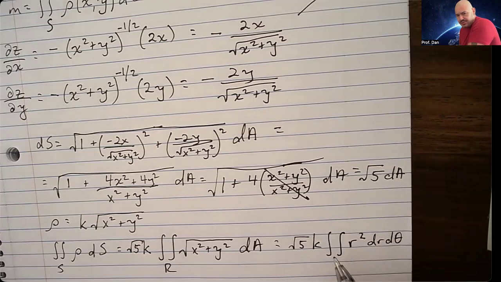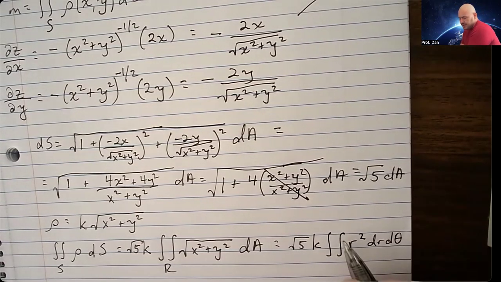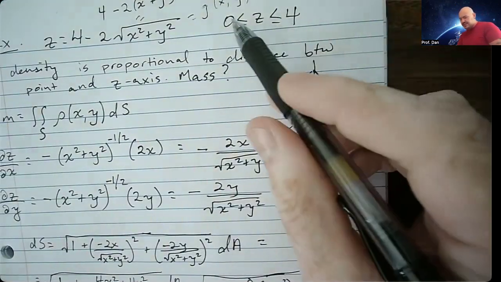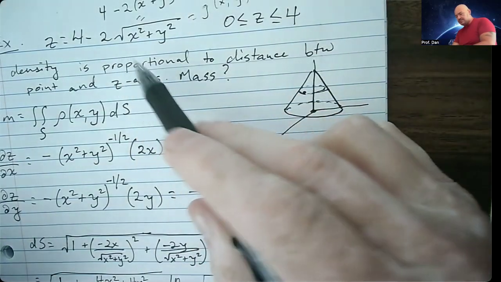Now, if I were to think about the bounds that I'm going to need, what are the values for my radius? I know that z ranges from 0 to 4, right?